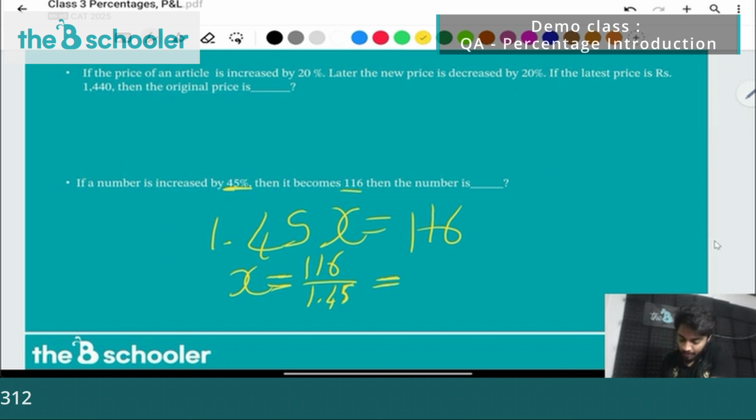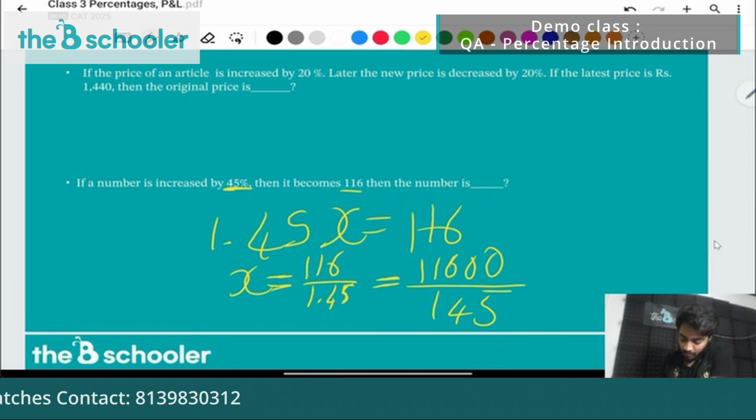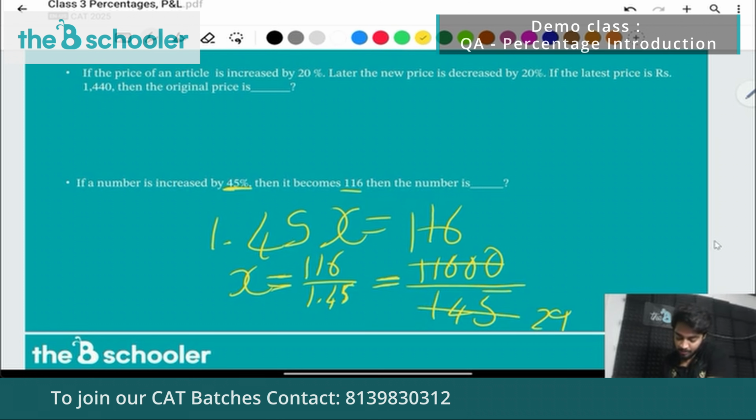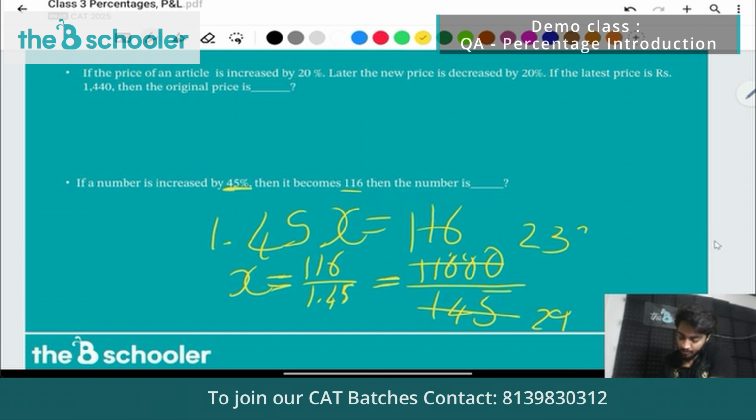So one way you can do it, if you don't want to use a calculator: 116 by 1.45, you can cancel out 5. What do you get here? 29, and here you get 2, 3, 2, 0.